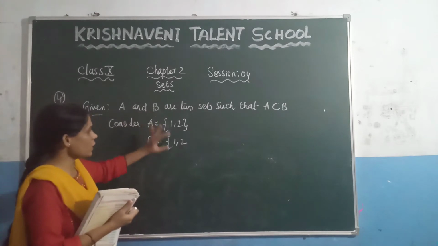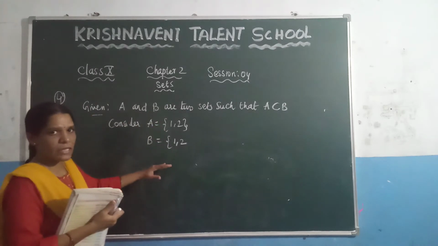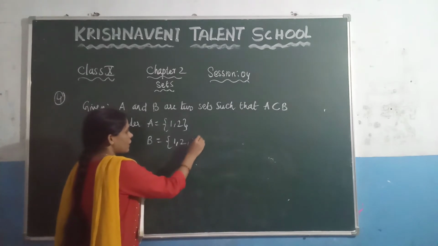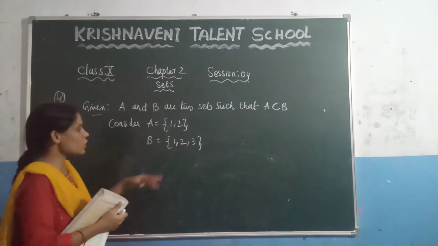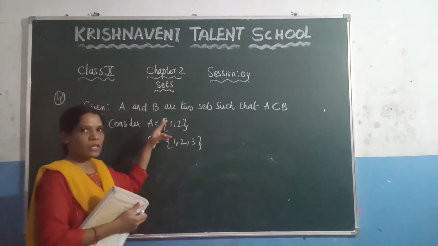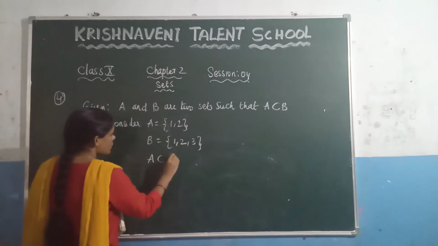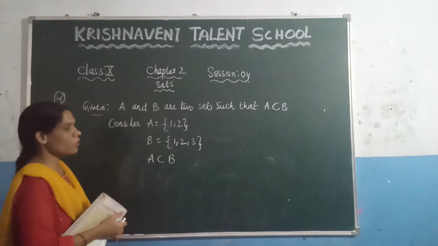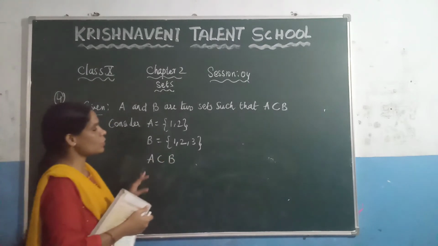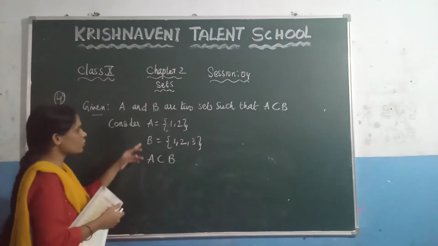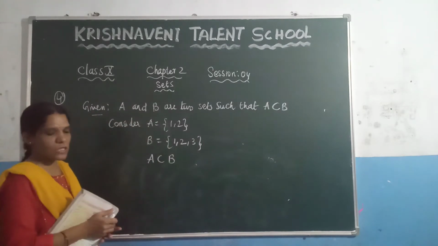Every element of A should be present in B, but there must be at least one element in B, let us consider 3, that does not exist in the set A. So from this we can conclude A is a proper subset of B. We choose two sets such that A is a proper subset of B.